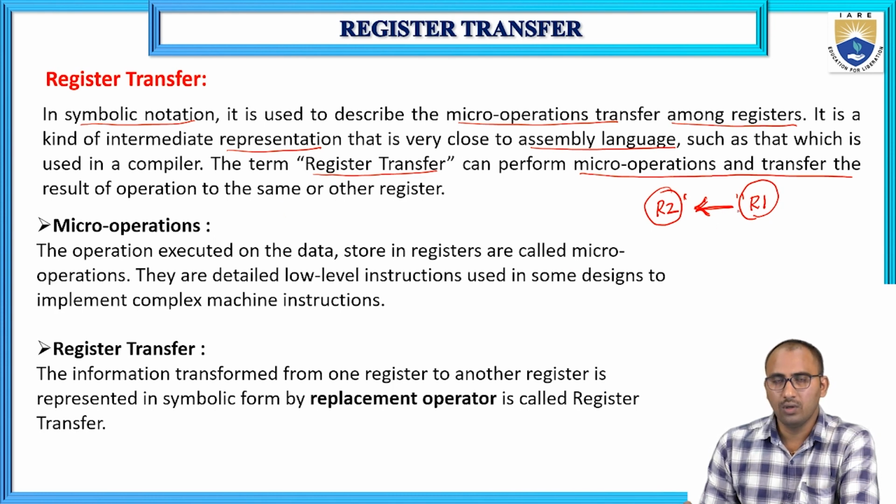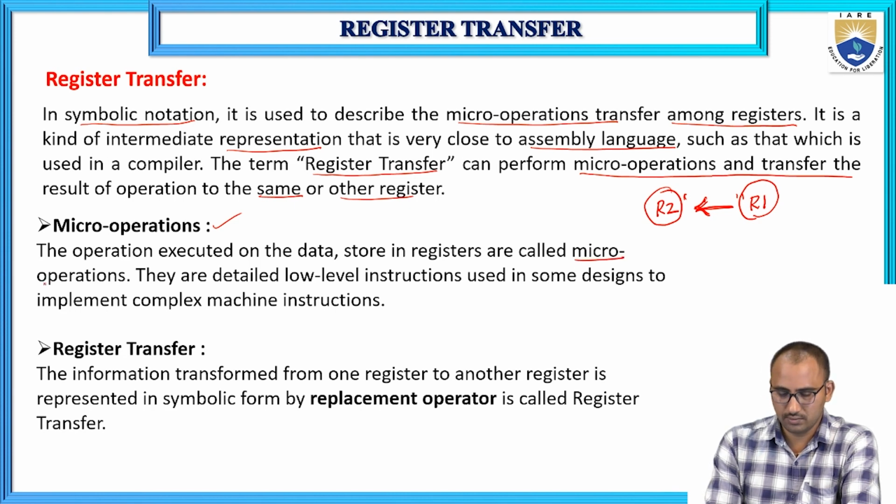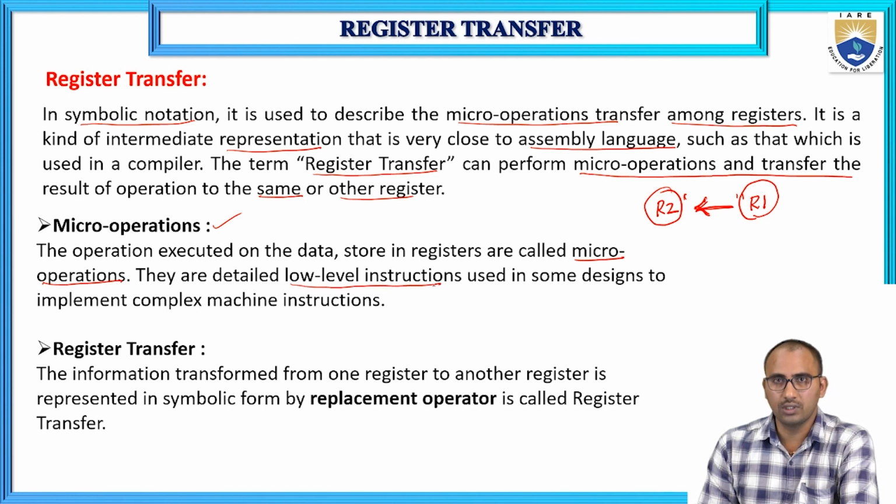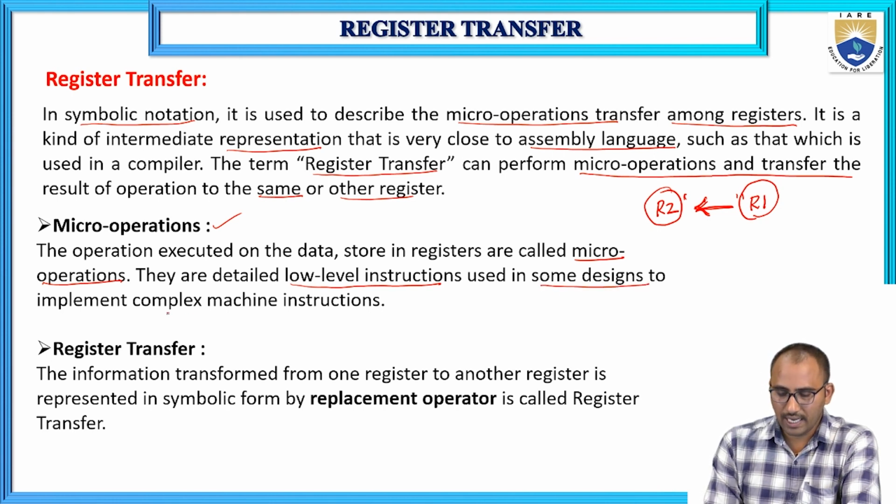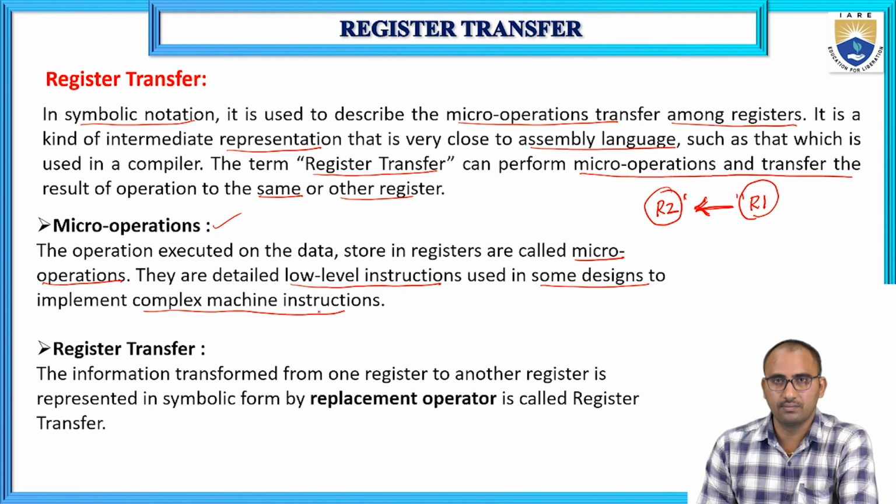The result can be transferred to the same register or to another register also. And micro operations, we already know: the operations we perform on the data stored in registers are called micro operations, and they are detailed low level instructions used in some designs to implement complex machine instructions.